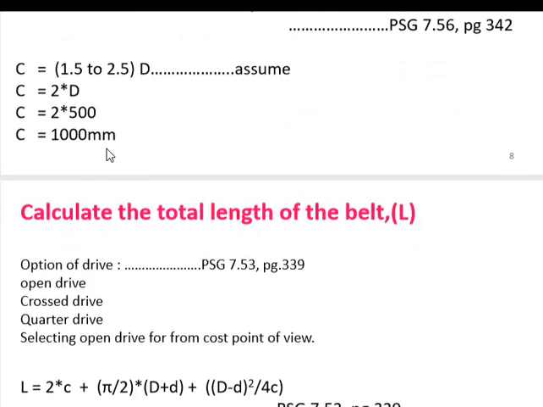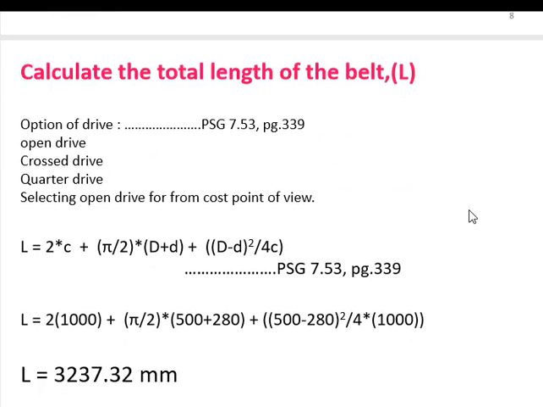Once this is done, we will calculate the total length of the belt. Now before we calculate the total length of the belt, we have to select the configuration of the belt. The belt can be open drive, cross drive, quarter drive, and the formulas related to this appear in page number 7.53.